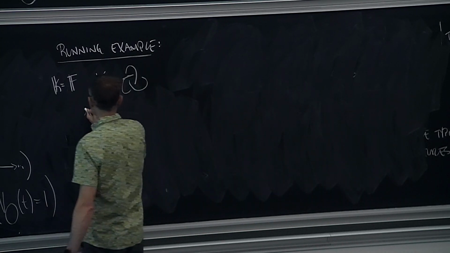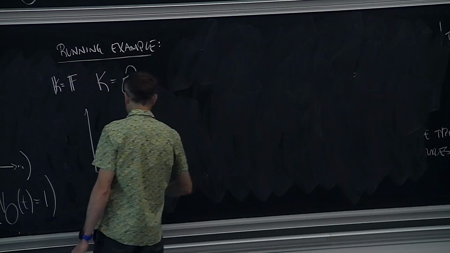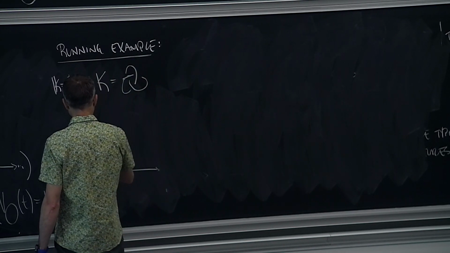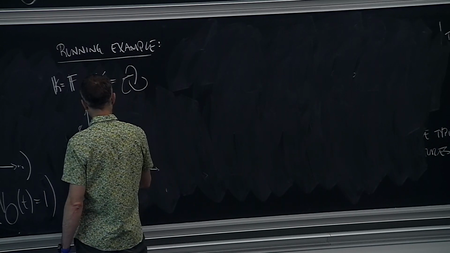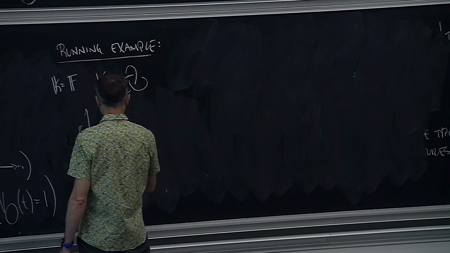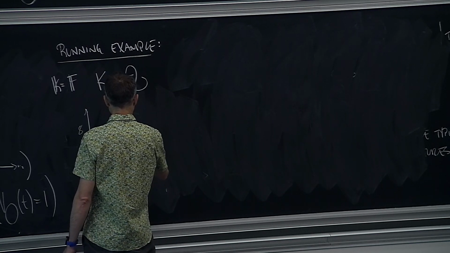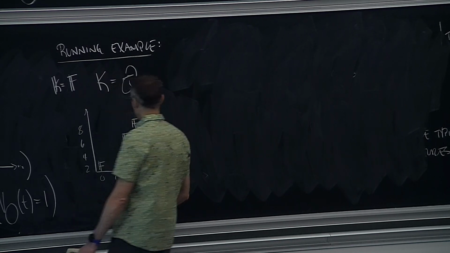And what will happen here is 2, 4, 6, 8, 0, 1, 2, 3. You'll get a copy of F, a copy of F, and a copy of F.